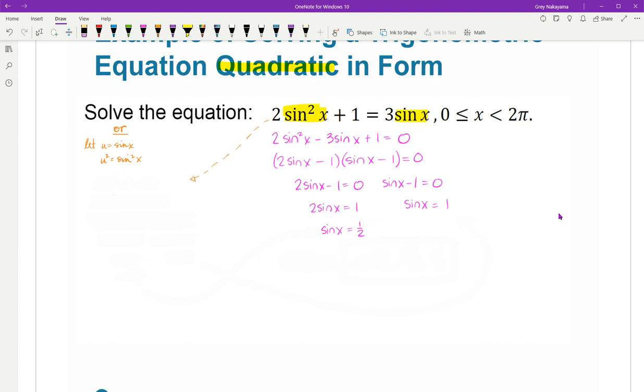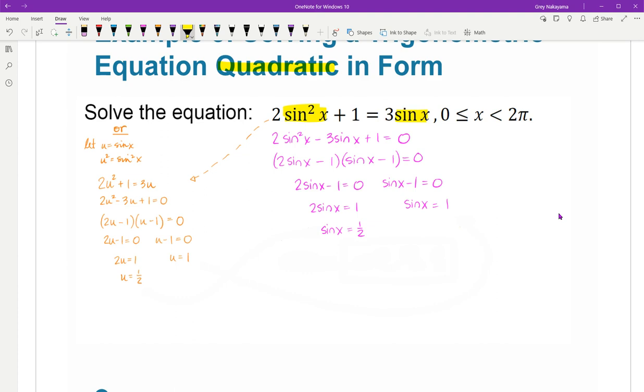So this equation would be 2u squared plus 1 equals 3u. Still have to bring it all on one side, set it equal to 0, factor it, set each factor equal to 0, and then solve each factor. But the original problem doesn't have a u in it, so you're not done.